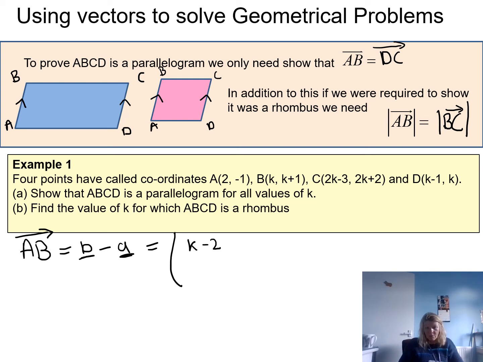And the next one will be B take A, so it'll be K plus 1 take away -1, which ends up as K plus 2.